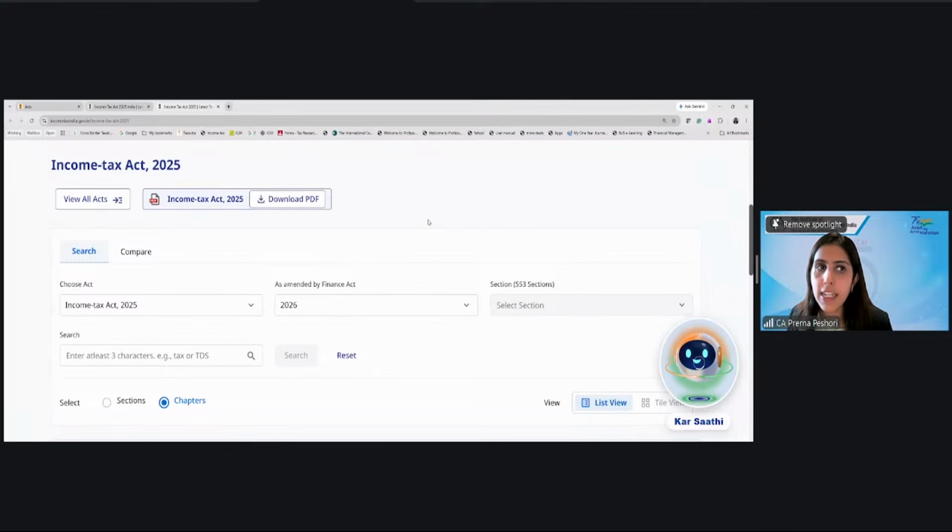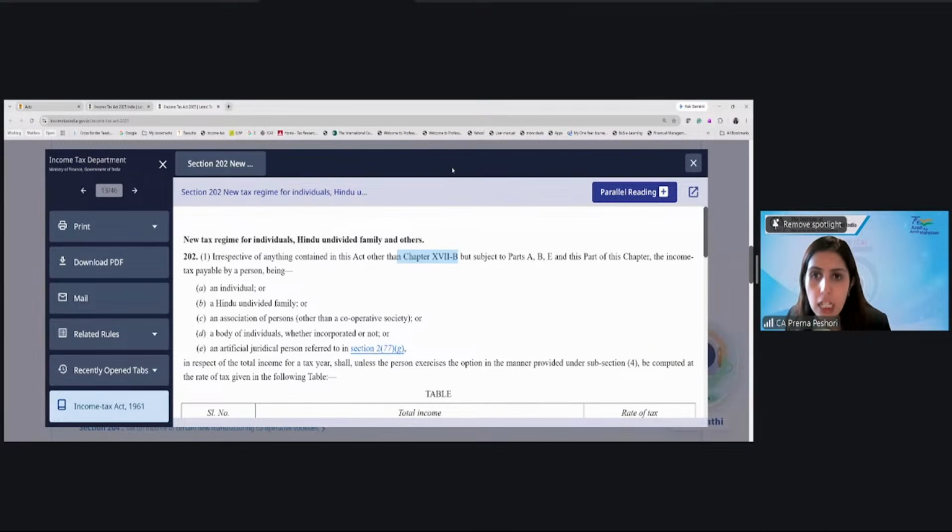So this is essentially saying that other than this particular chapter, this particular section will override everything else, but subject to part A, B, E and this part of this chapter. So what does this mean?